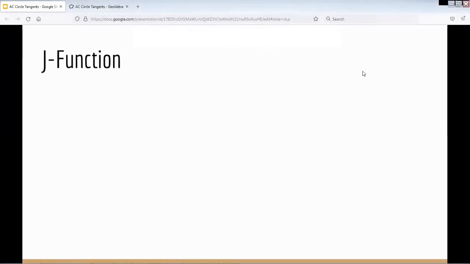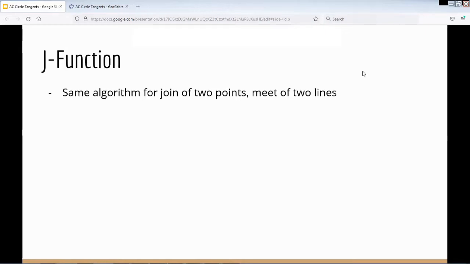Okay. So lastly, we have the J function. Using projective homogeneous coordinates, we can find the join between 2 points, so the line that connects 2 points, or the meet of two lines, the point where they intersect. Okay, and it's the same algorithm for both of these problems.